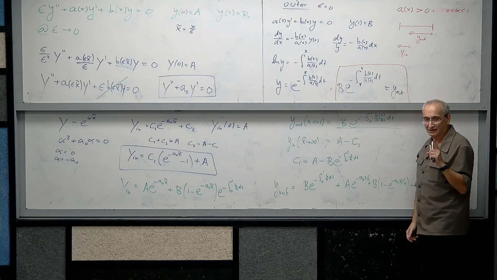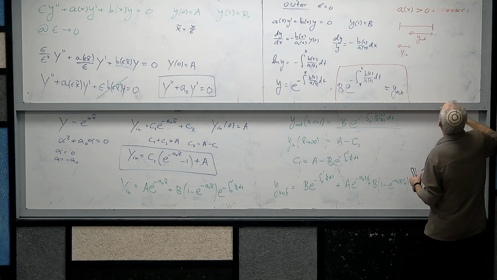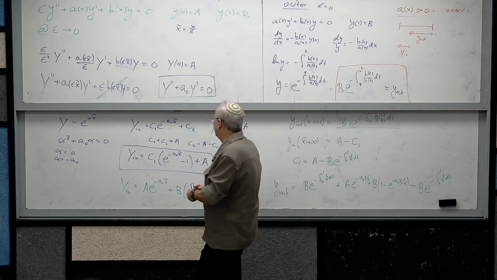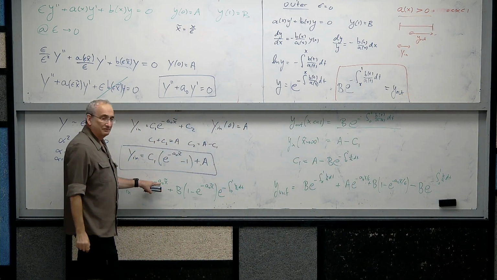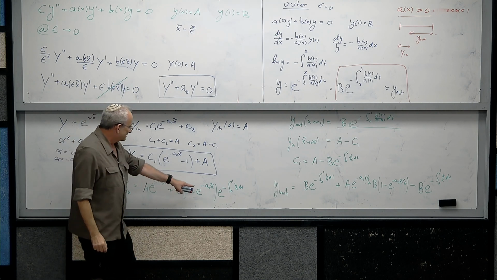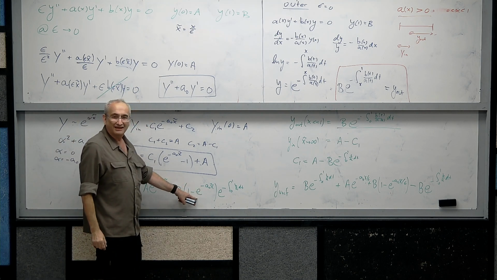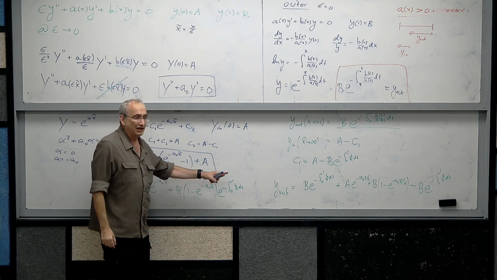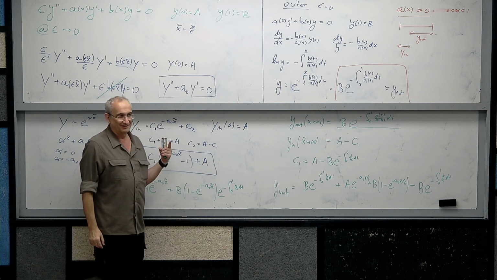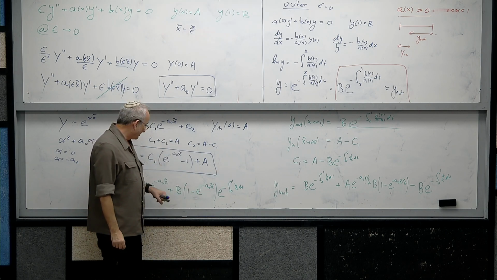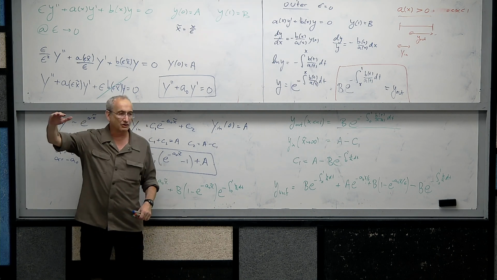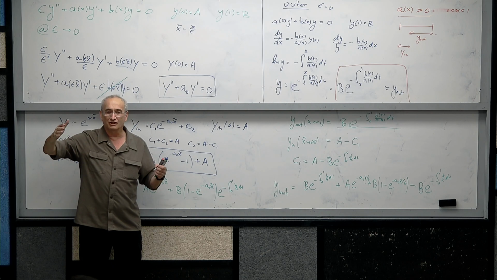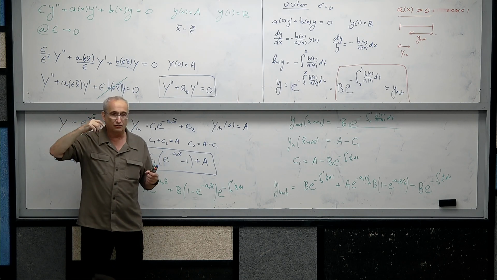There is a reason for that, and the reason was this condition, because if a naught was negative, then this was an exponentially increasing function, and it implies that if we now want to match, we cannot match. In order to match, we want the solutions either to reach a constant in the matching region or to go to 0.